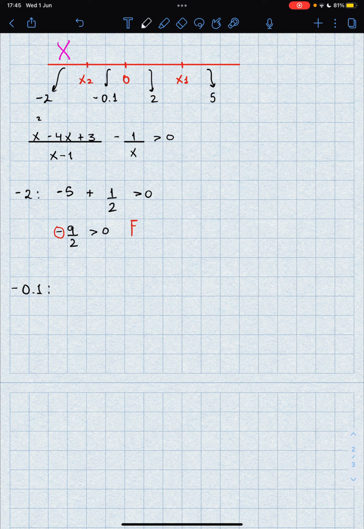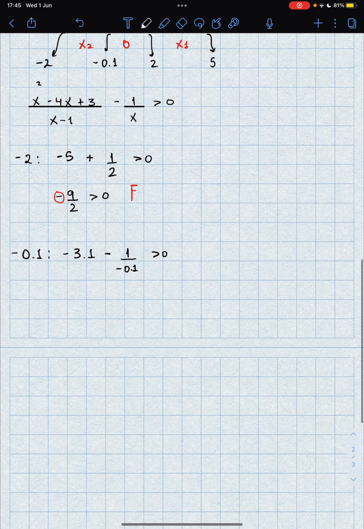Minus 4 plus 3, divided by, this is gonna be minus 3.1, minus 1, divided by minus 0.1, okay? This has to be greater than 0.